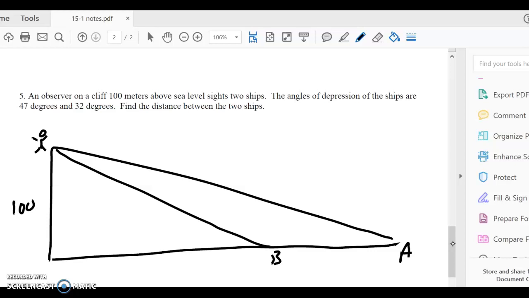So is its angle going to be 47 or 32? Think about if you were standing next to a building and you walked steadily back from the building. Would you have to tilt your head further up or less? The answer is you would be less. The further back you get from a building, the easier it is for you to see. So ship A's perspective is 32 degrees, and ship B's perspective is 47 degrees.